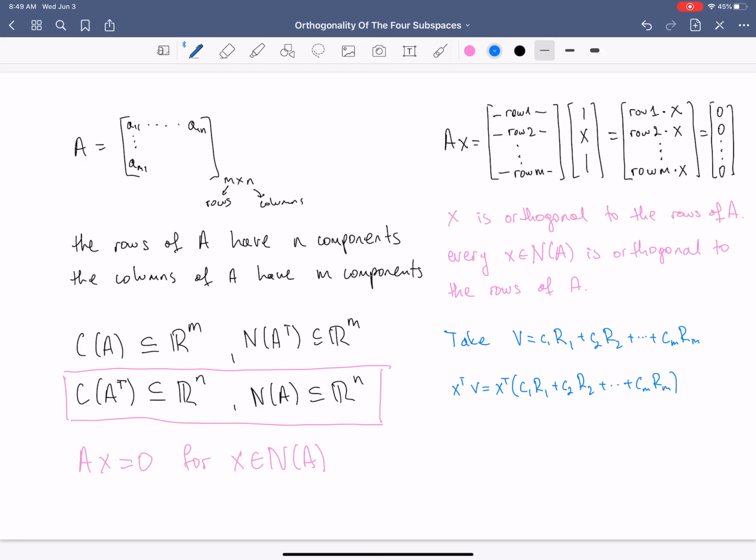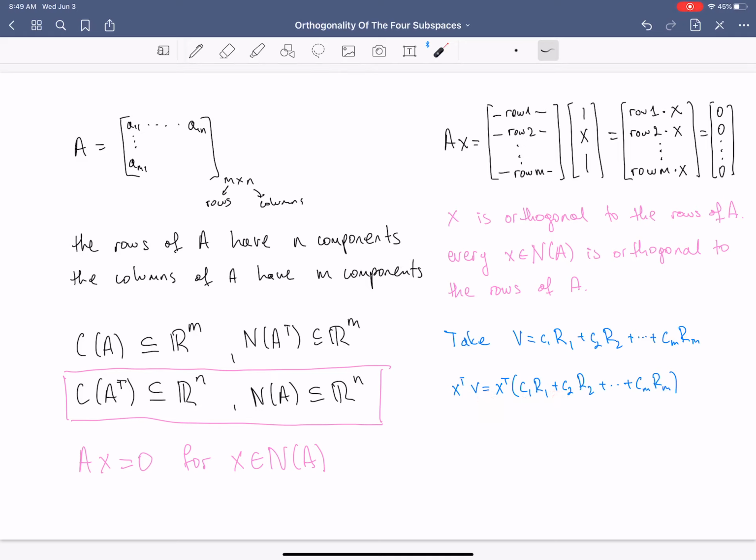Now, we've mentioned many times when we have matrix multiplication, we can't just rearrange orders. But just focus on the product X transpose C1 R1. C1 is a number. It's a scalar. So C1 can be moved to the left, to the right, it doesn't matter.